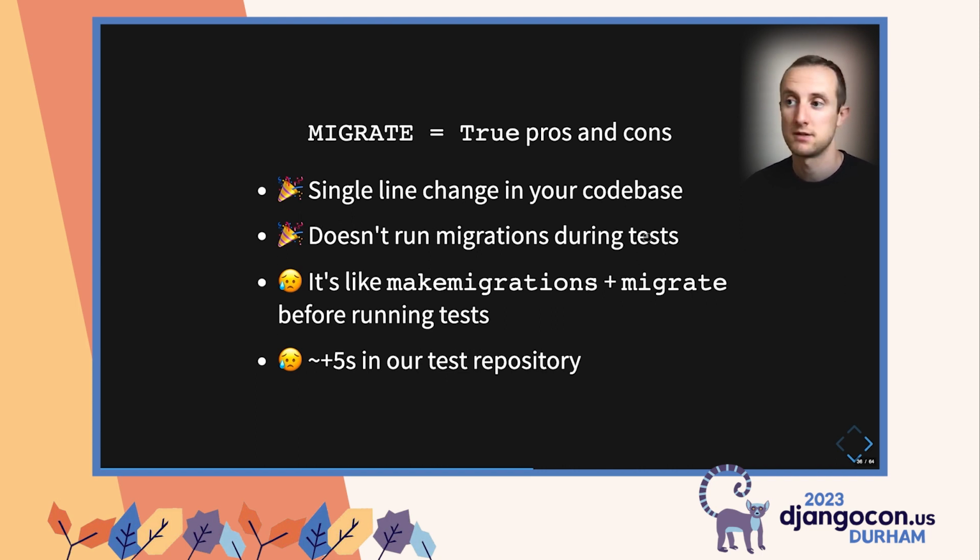The problem is when launching your tests, it's like makemigrations and migrate before running tests. So in our test repository, this will add 5 seconds more running the entire testing suite. So that was a nice solution with a single line change, but that wasn't our best solution.